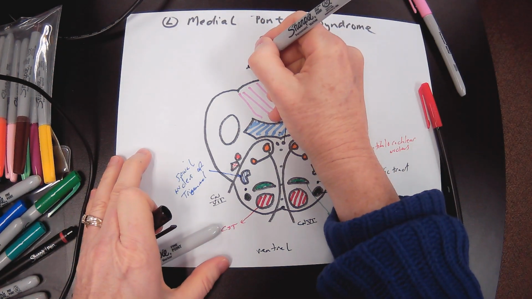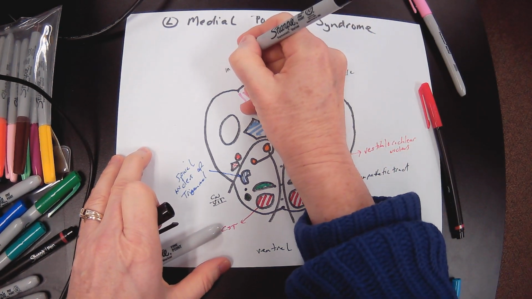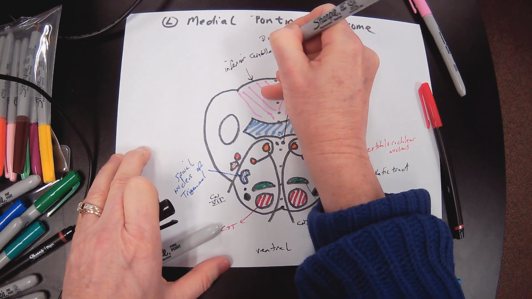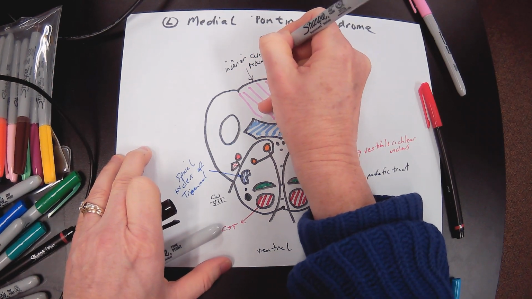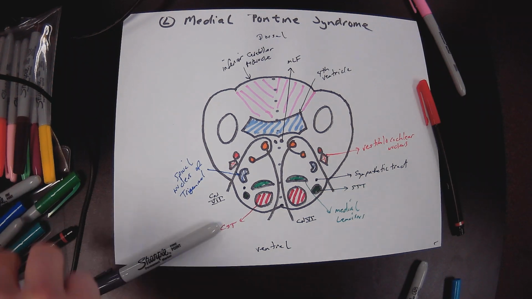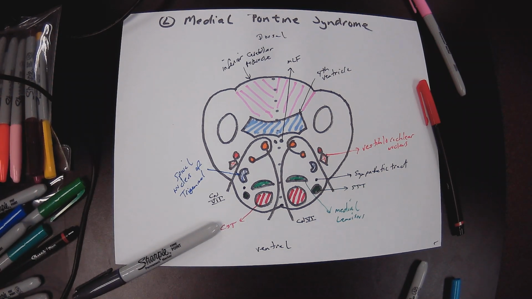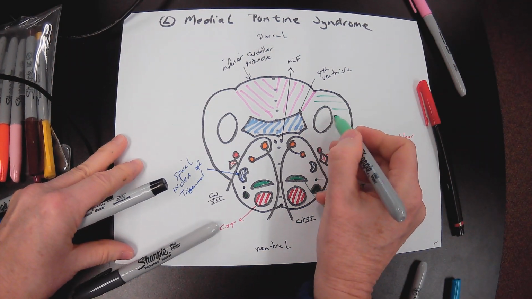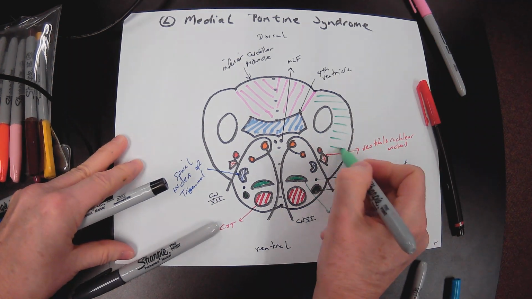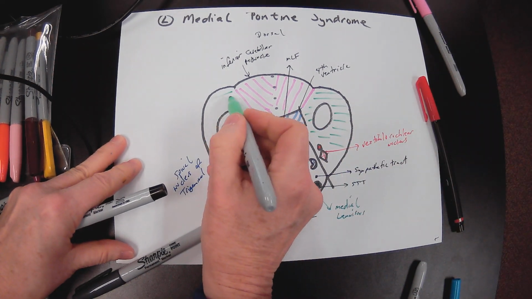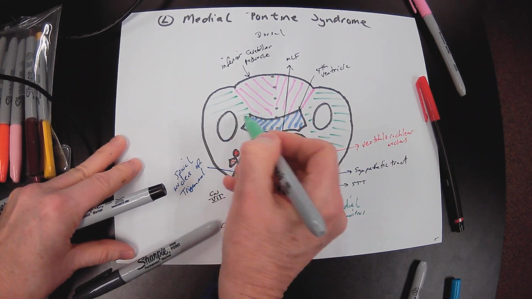This is going to be your inferior cerebellar peduncle. Going up a little bit higher. Let's go ahead and say this whole area on the outside here is the largest of the peduncles that you're going to see. And that's your middle cerebellar peduncle.